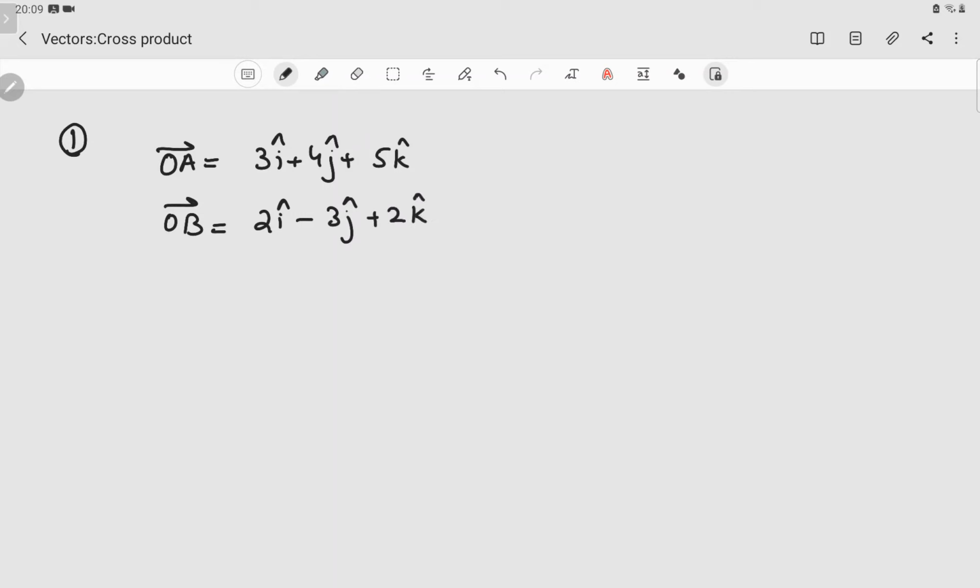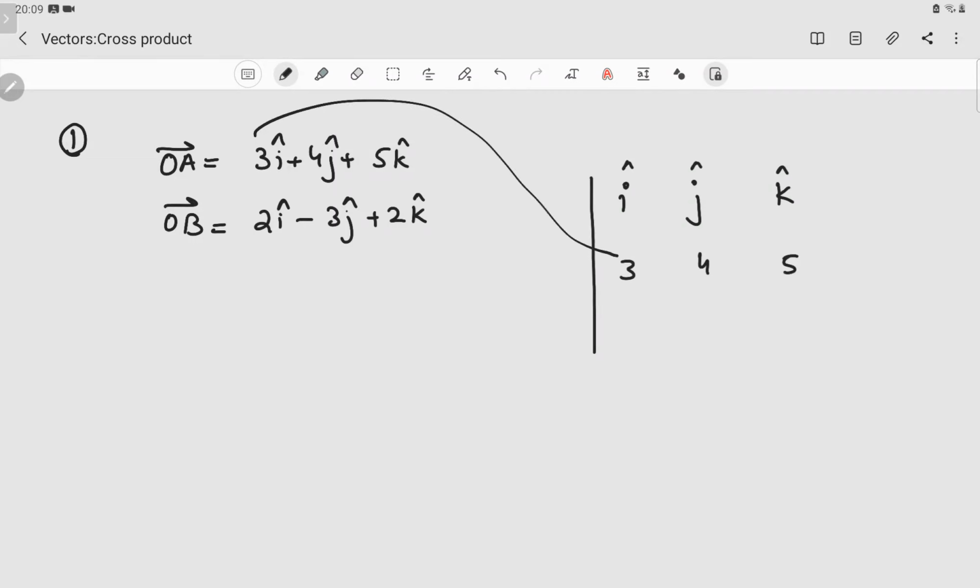OA is equal to 3i plus 4j plus 5k, and OB is equal to 2i minus 3j plus 2k. Consider a determinant whose first row is the unit vectors i, j, k, and whose second row is the vector components of OA, this 3, this 4, and this 5.